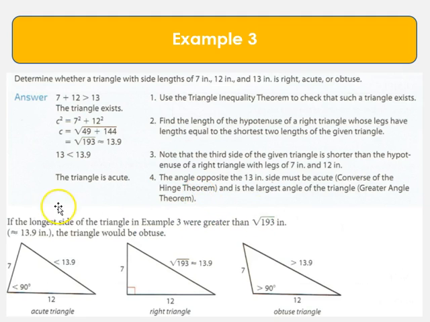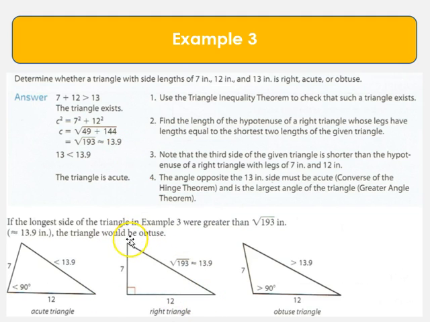So let's take a look at some pictures of this. If the longest side of the triangle were greater than the square root of 193, the triangle would be obtuse. So we have a triangle here, a side of 7, a side of 12, and a side of less than 13.9. That means that the angle opposite would be less than 90. Here is our right triangle, and that's what we solved for originally, and there's the answer, 13.9.